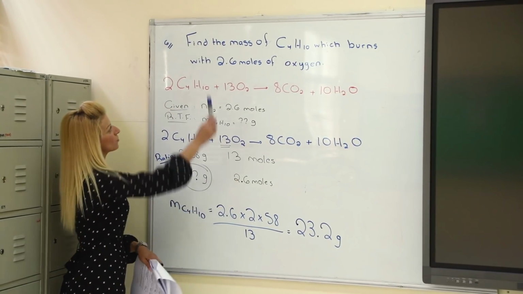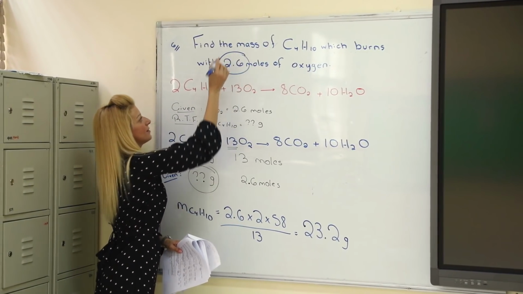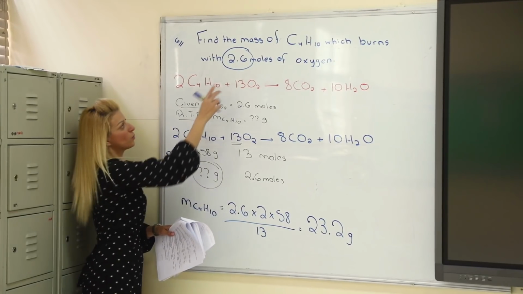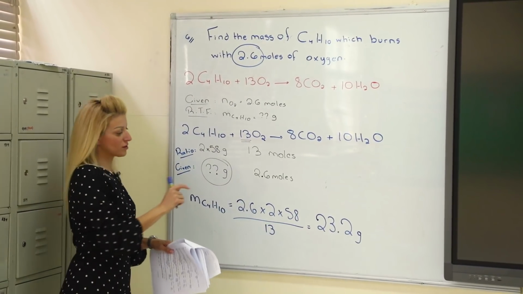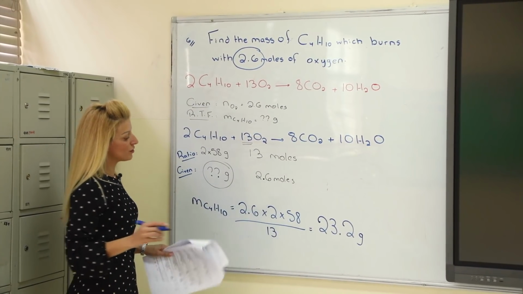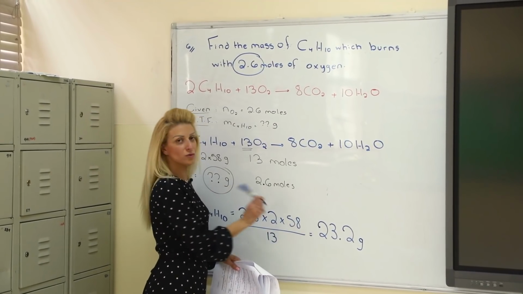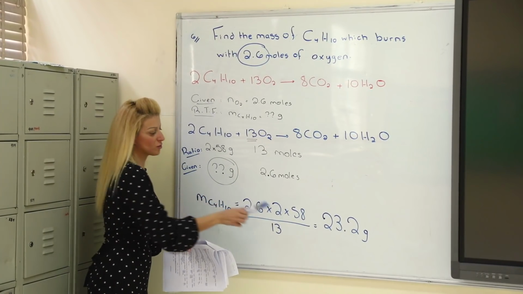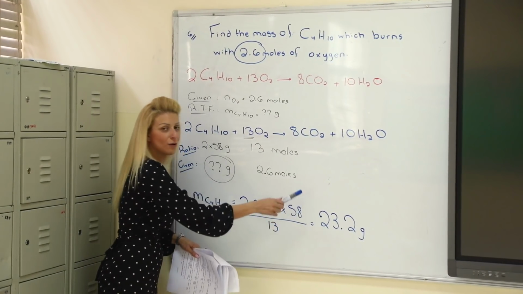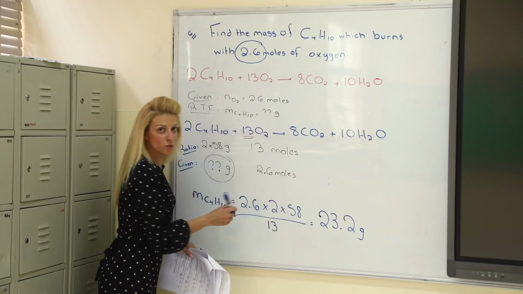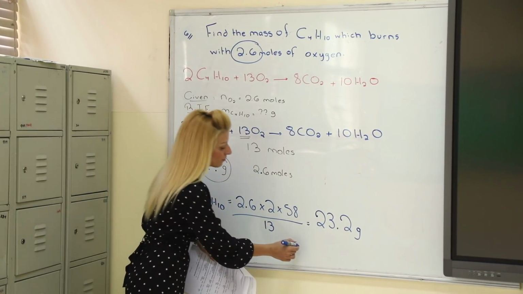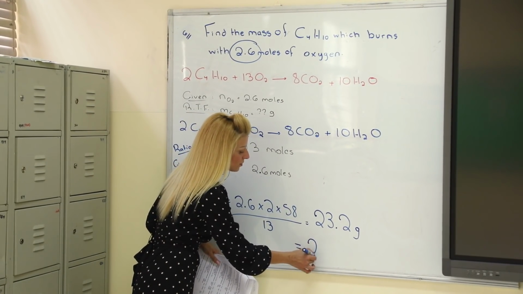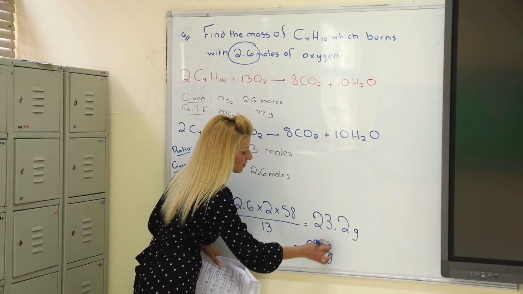Again, we go back to the given. The given is 2.6 moles, which is 2 significant figures. So our final answer has to be reported to 2 significant figures. So we have to round this answer, which is 3 significant figures, down to 2. So it will be 23 grams. So the final answer will be 23 grams.